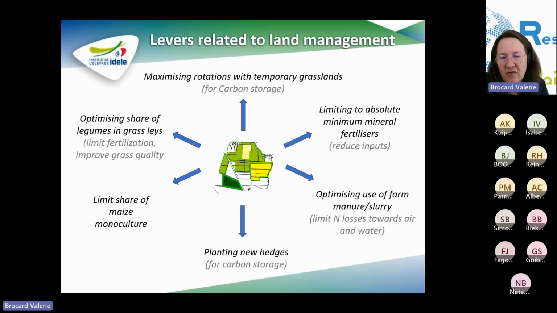Of course, at the same time, we are limiting to an absolute minimum the mineral fertilizer that is only used as starter for maize silage to reduce the inputs. It's important to limit the share of maize monoculture in our production system. Sometimes you have maize monoculture because some part of the land is not grazable by the cows.